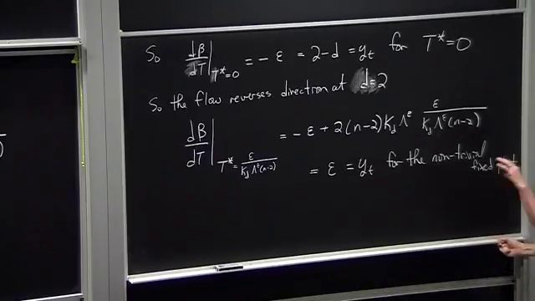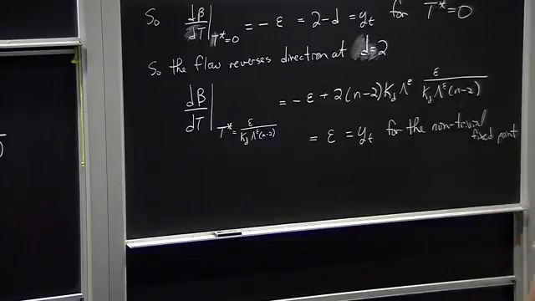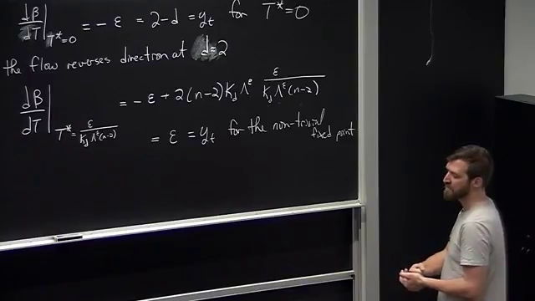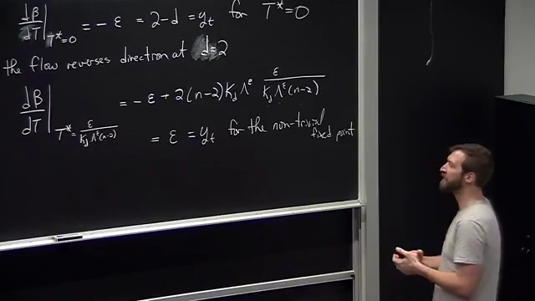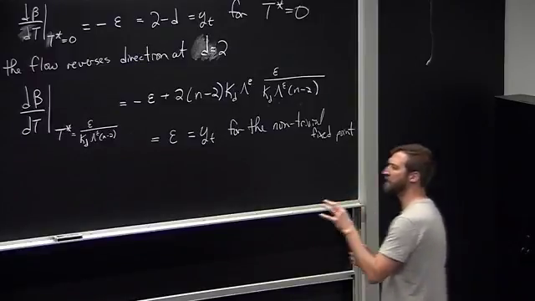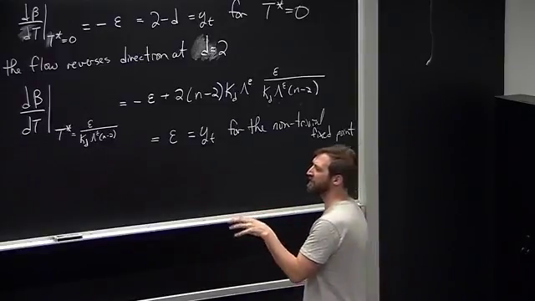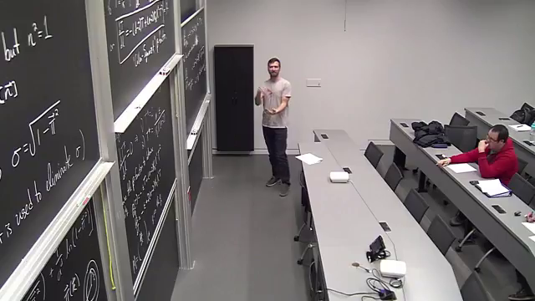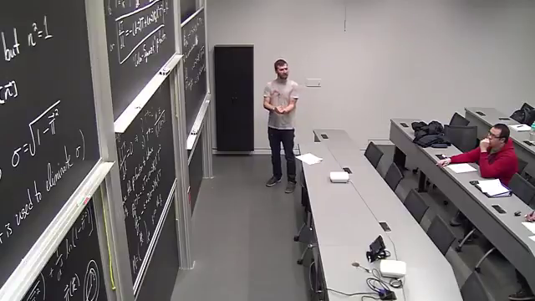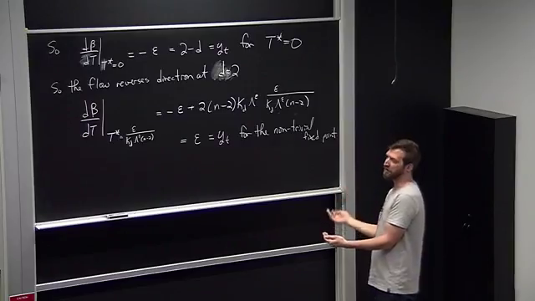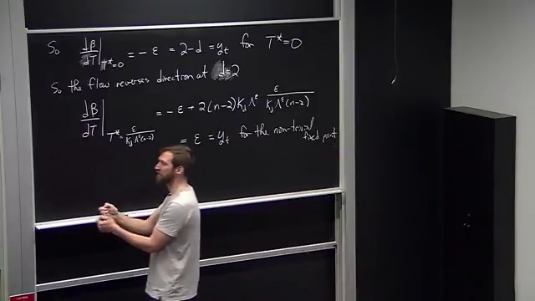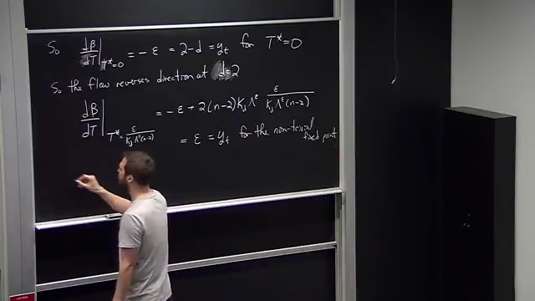Okay, so now we can put that picture together. We can draw 2 pictures, one for d less than 2. For d less than 2, that non-trivial fixed point doesn't exist. That fixed point goes to 0 temperature as epsilon goes to 0. As we go to bigger d, that fixed point just moves as a function of epsilon.